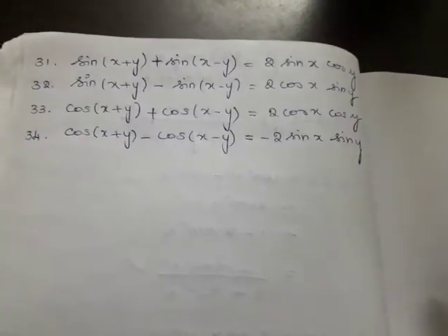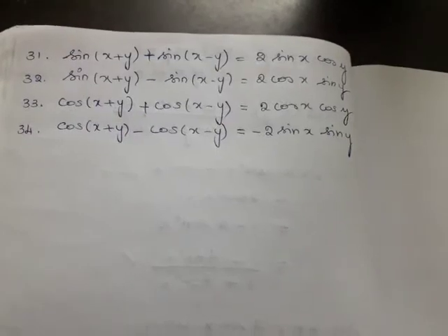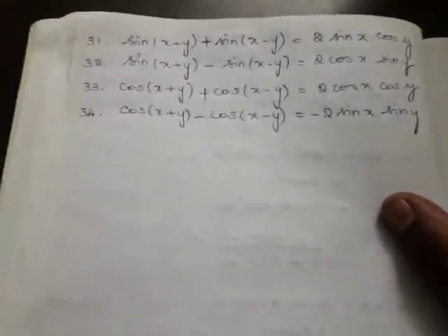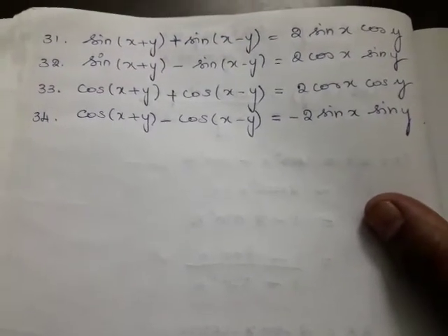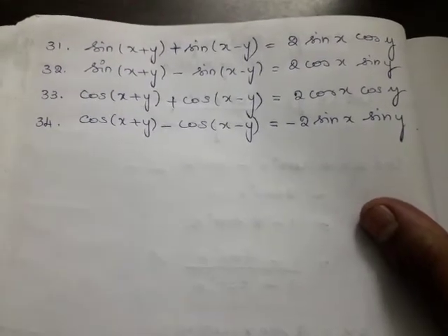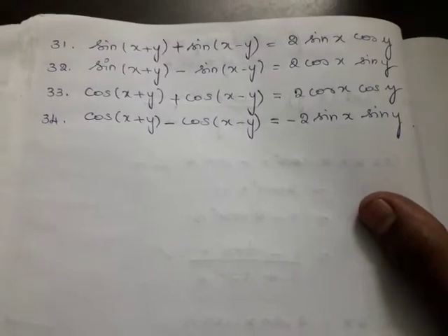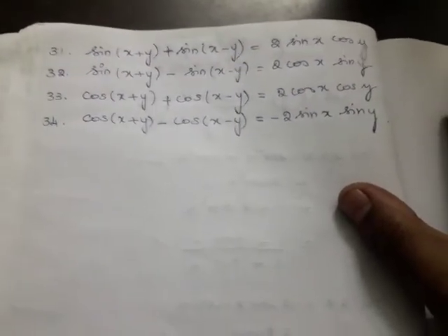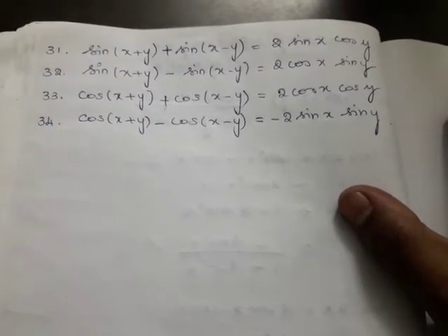Hope you understood, right? Anyhow, by keeping any clues or hints, you have to remember all these 34 identities. Only if you remember these 34 identities can we solve the problems, or else we cannot. In today's class, I spent the entire class giving you hints and clues to learn all these identities.